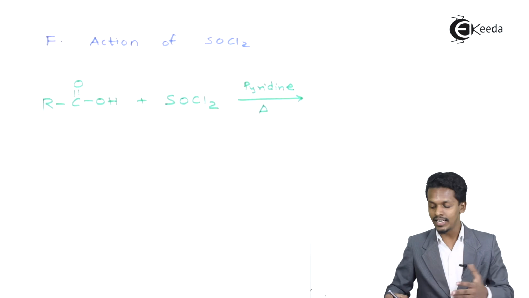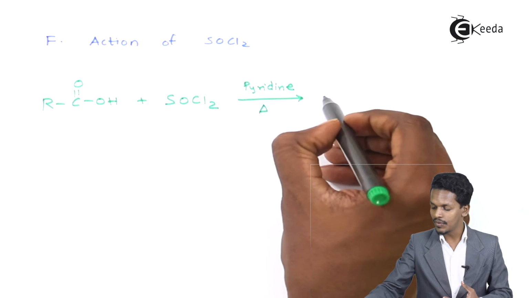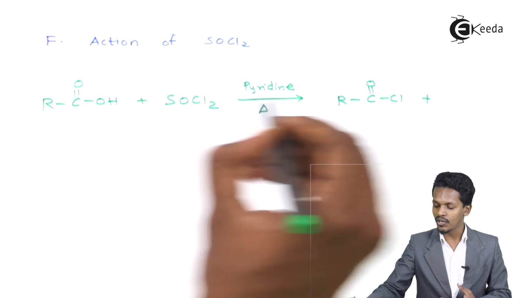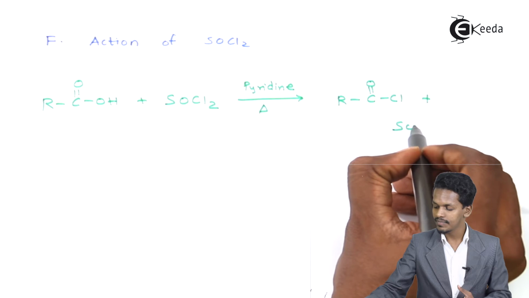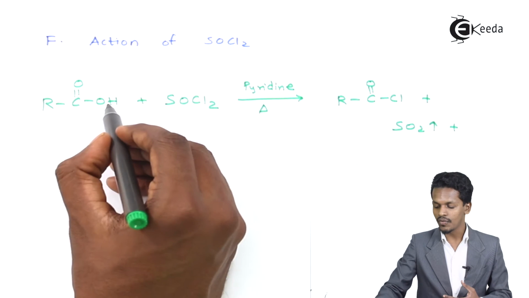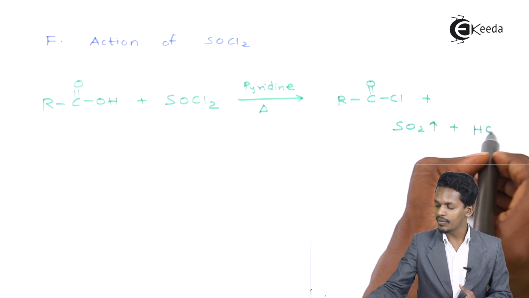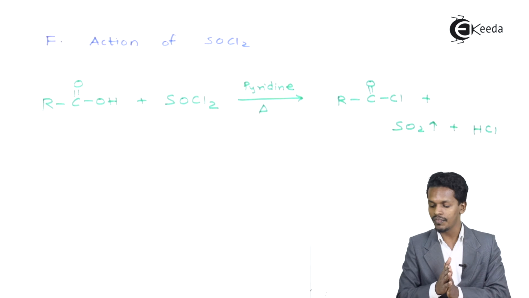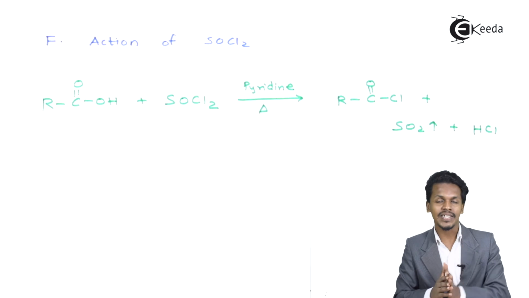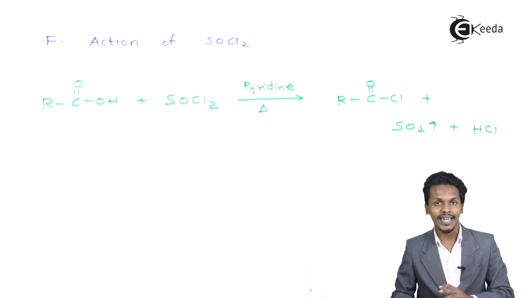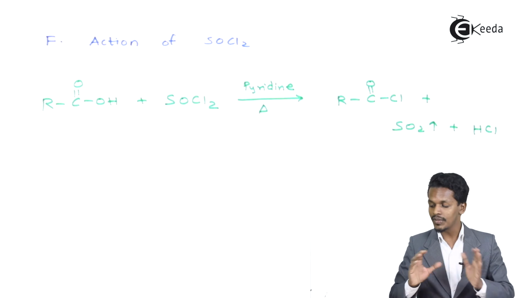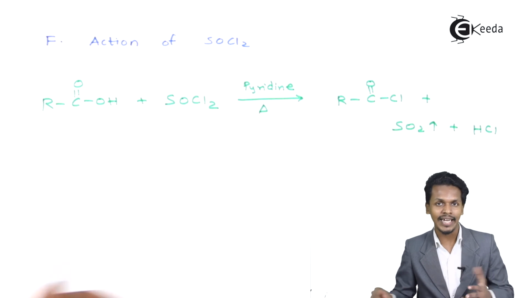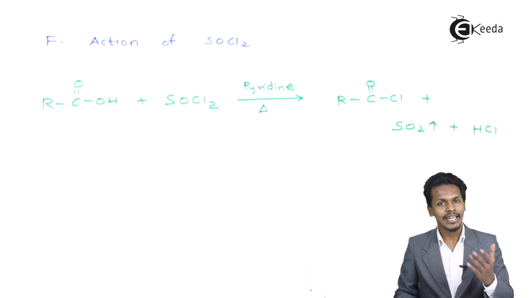With the help of pyridine, the product we get is RCOCl along with SO2 and HCl, which are removed in the form of byproducts. So this is how we can also obtain acyl chloride, by reacting carboxylic acid with thionyl chloride in the presence of pyridine. This is how the reaction proceeds, and we can obtain a higher yield of acyl chloride. Now let's move to the next one.